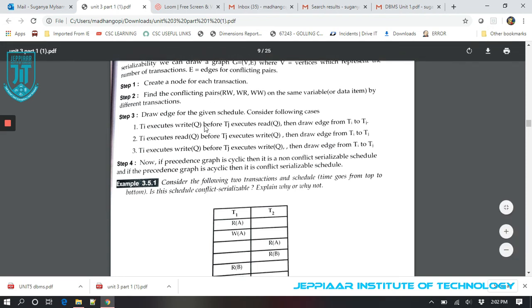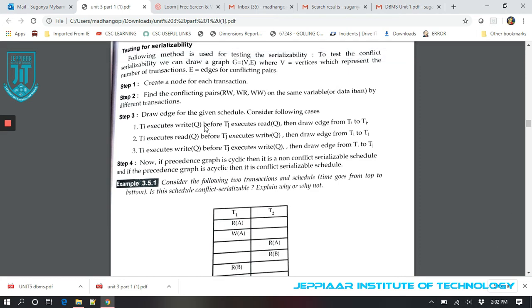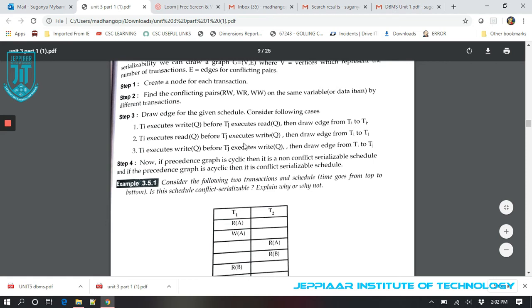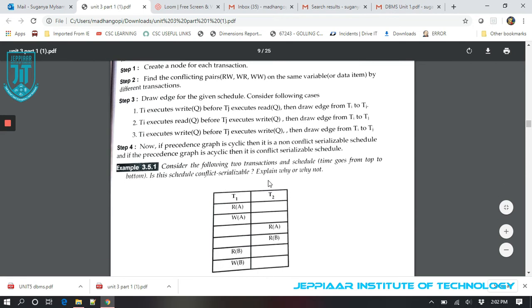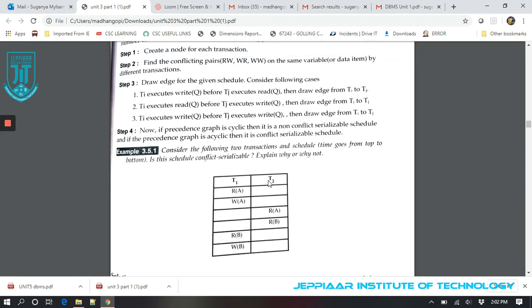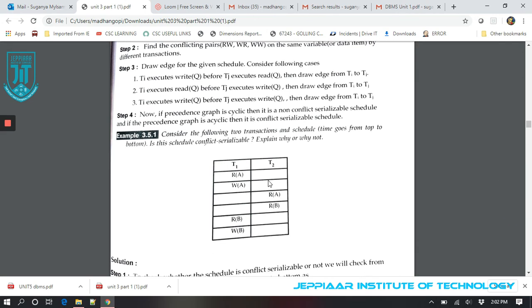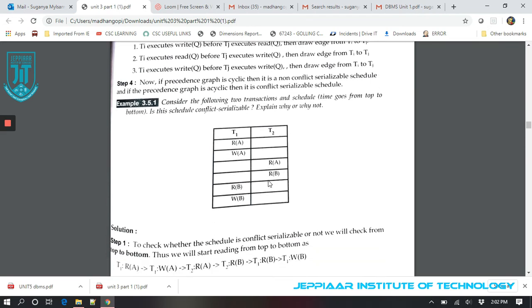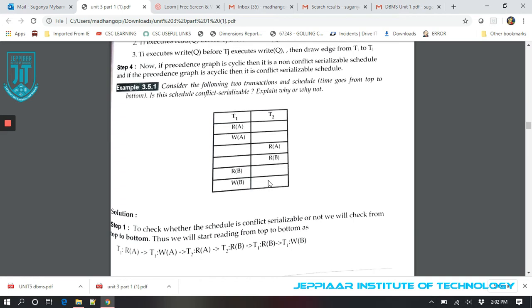Then we draw the edges, following the conditions we saw, and look at the graph. If it is cyclic, then it is a non-conflict serializable schedule. If there is no cycle in the graph, then we consider it a conflict serializable schedule.